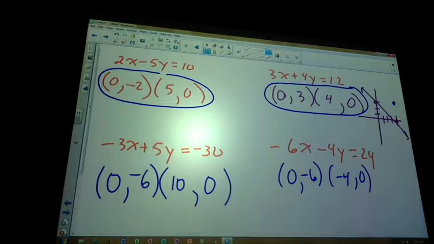Okay? Can a graph be a straight line and it crosses at 0, 0 only? And if it crosses at 0, 0 only, what does that even mean? It's like saying x is equal to y, so x minus y equals 0.